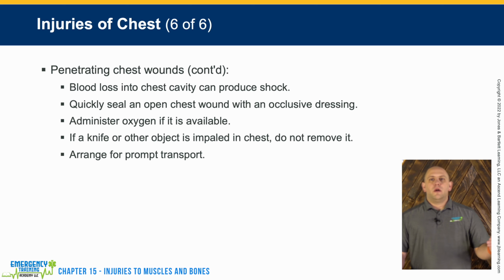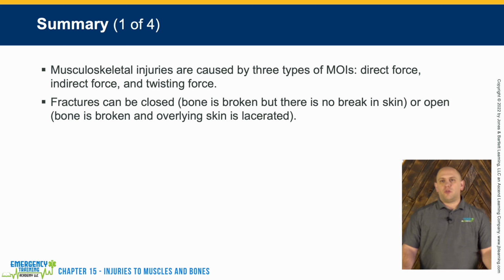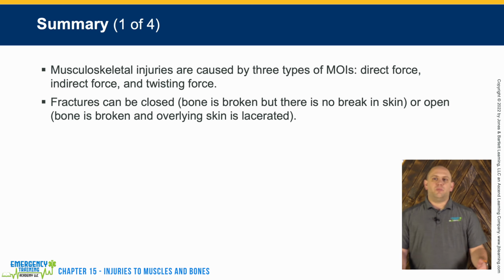So in summary, our musculoskeletal injuries are caused by three types of mechanisms of injury. We have direct force, indirect force, or twisting forces. Fractures can be either closed, where the bone is broken but there's no break in the skin, or open, where the bone is broken and the skin over top of that break is lacerated as well.